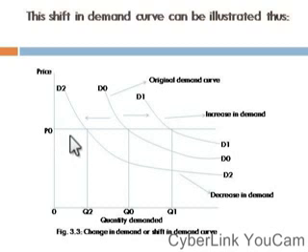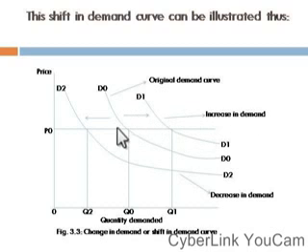By this constant, this fixed price, changes in other factors apart from the price has been bringing about changes in demand or shifting in what? In demand. And demand curve can either shift to the right or shift to the left. When the demand curve shifts to the right, this indicates an increase in demand.